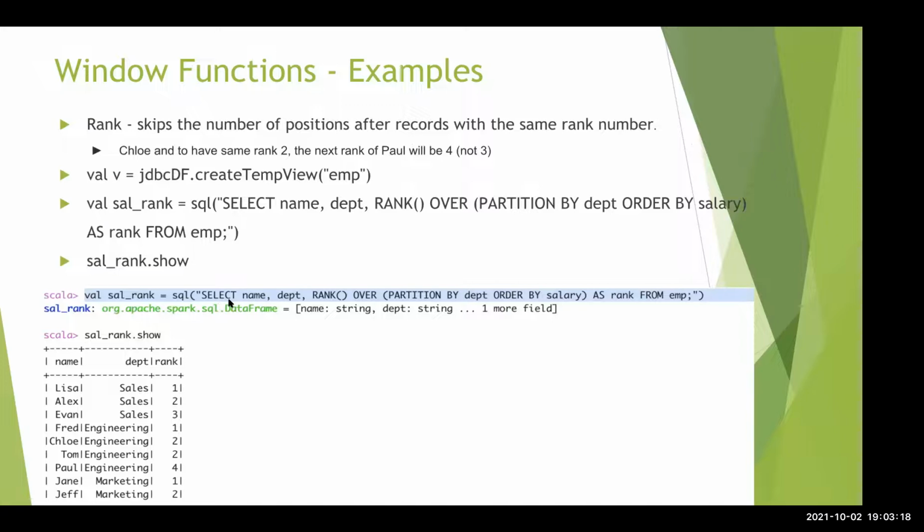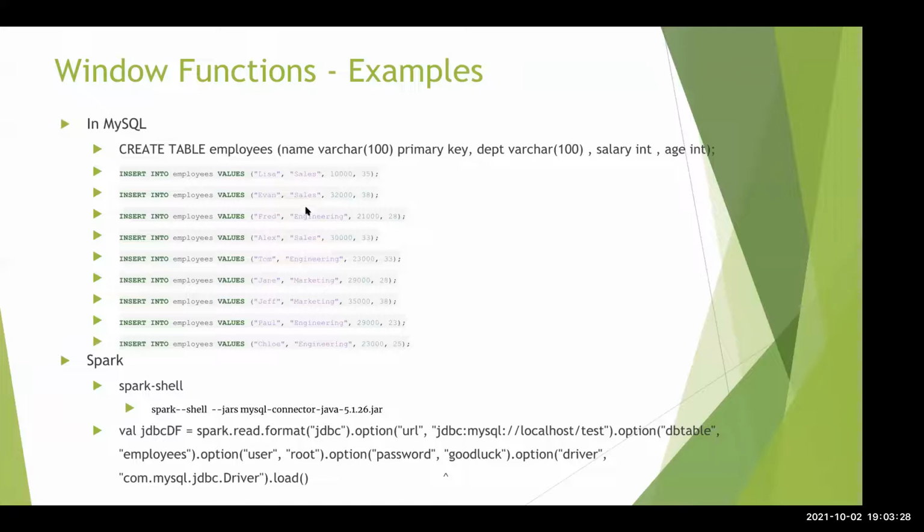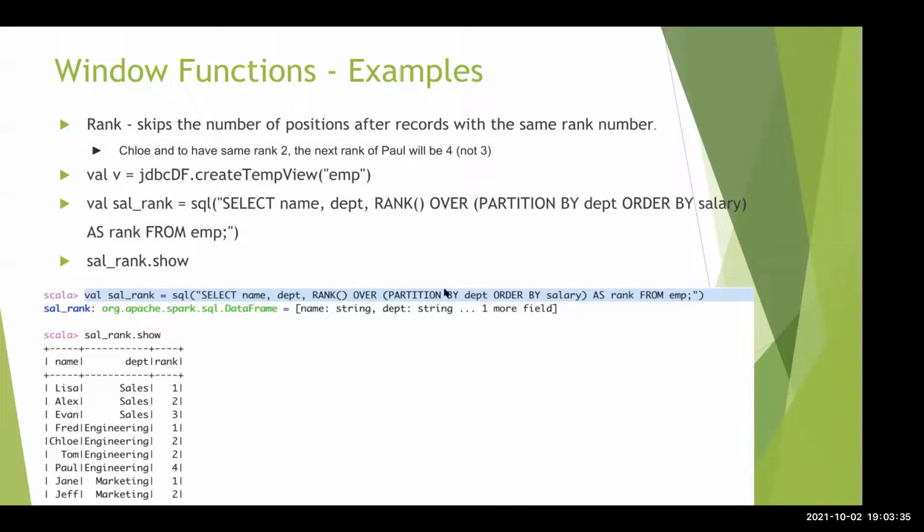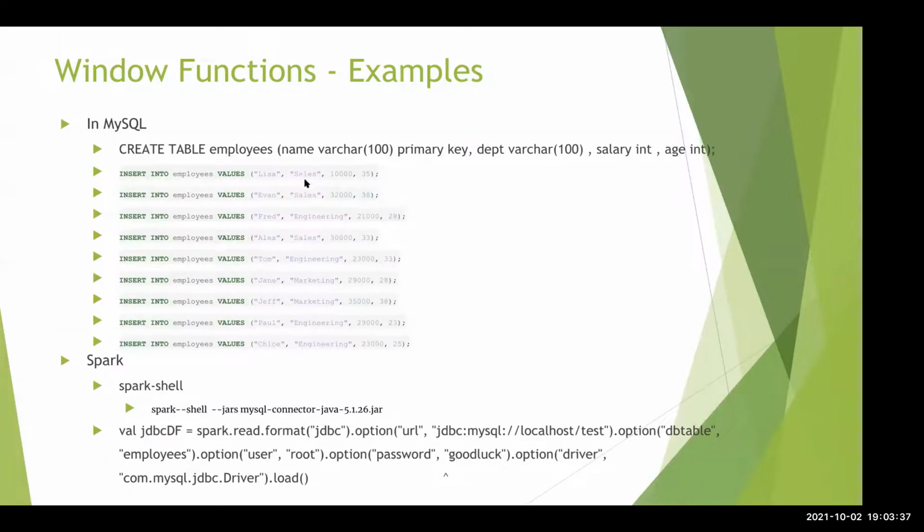We are selecting the name, department, and rank over partition by department, order by salary. Now what does that mean? Go back here and you see these are the departments, correct? When you say partition by department, order by salary, the partitioning and ordering is happening within each department.